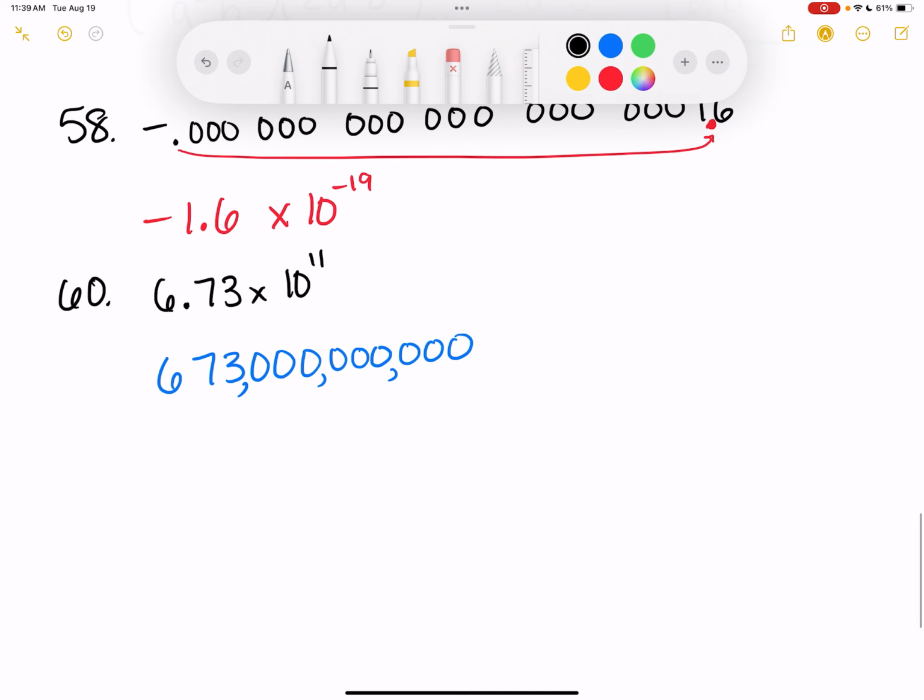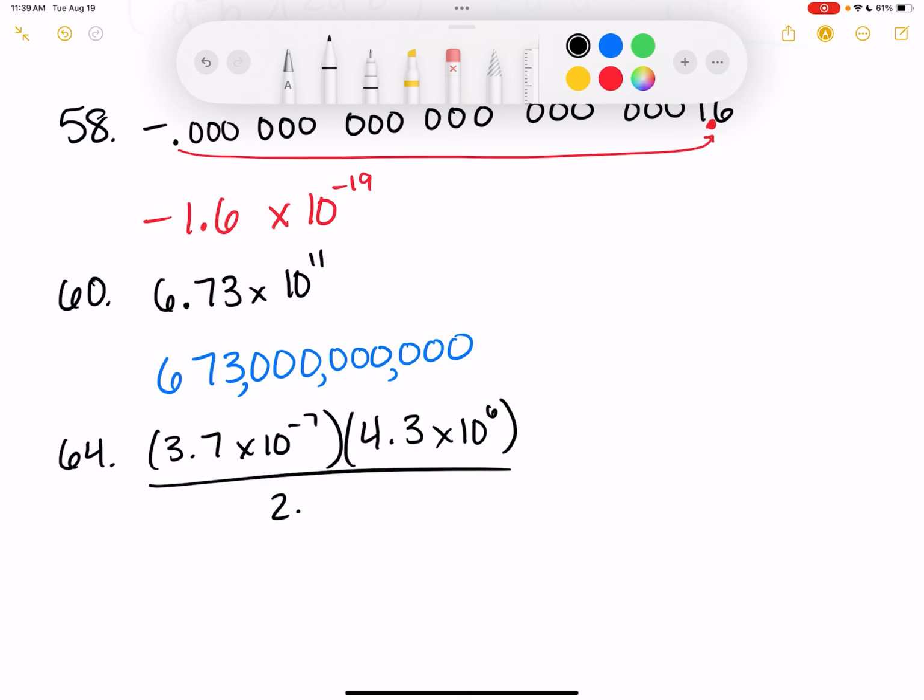All right, combining things. They give us a problem that's written in scientific notation, but we need to simplify it and rewrite it into scientific notation. So we've got 3.7 times 10 to the negative 7 times 4.3 times 10 to the 6 over 2.5 times 10 to the 7th.